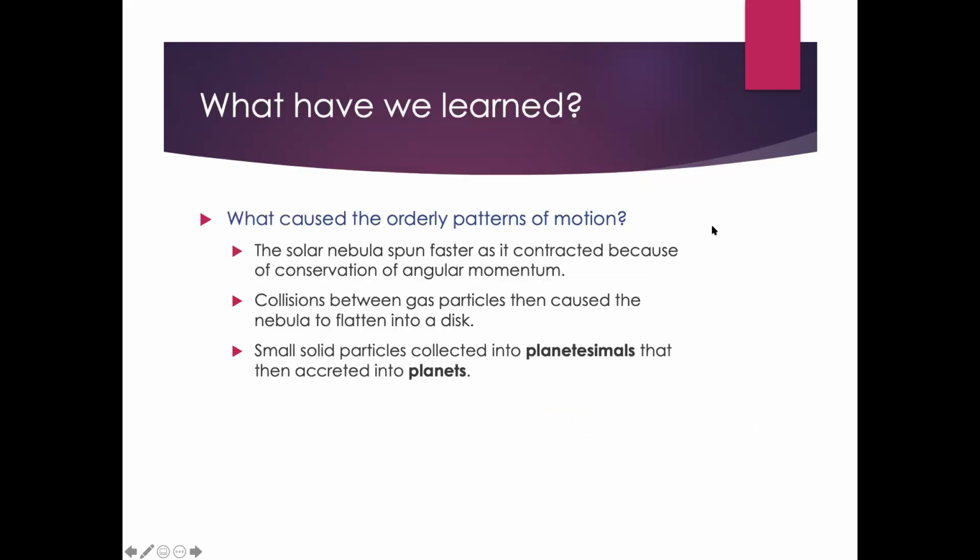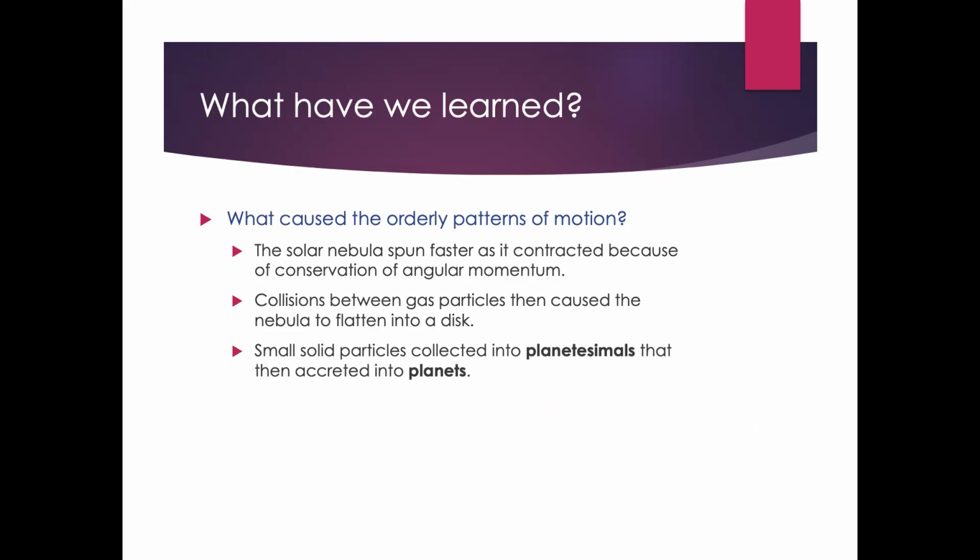So what have we learned? Well, that as our solar nebula collapsed, it started to spin faster and faster because the angular momentum had to be conserved. The collisions between the gas particles in that contracting cloud of gas, coupled with the fact that it's spinning, caused it to flatten out into a disc shape.